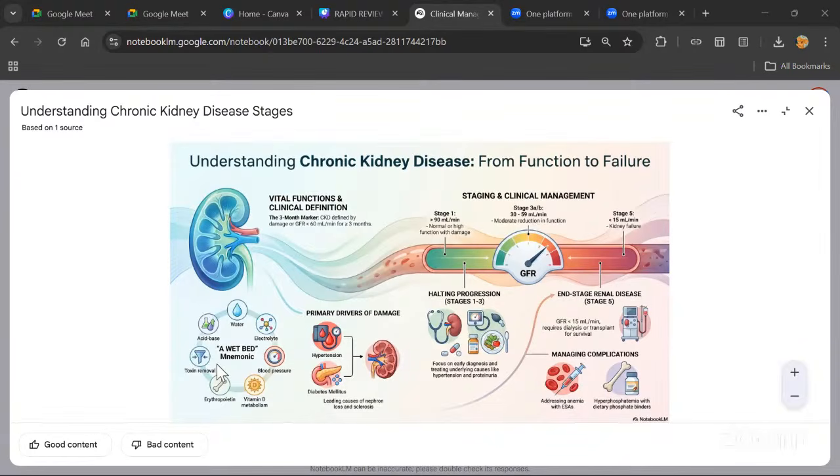So I need to know the presentation of a nephrotic syndrome or a nephritic syndrome. But in most cases in CKD, you find patients who are already in the system, patients who have already been seen in healthcare.